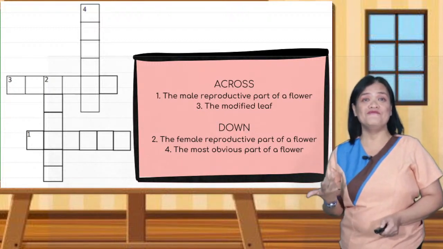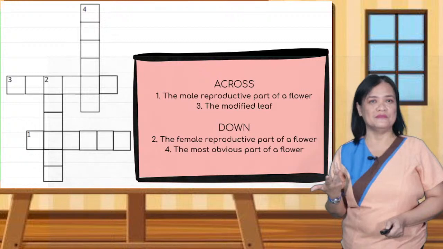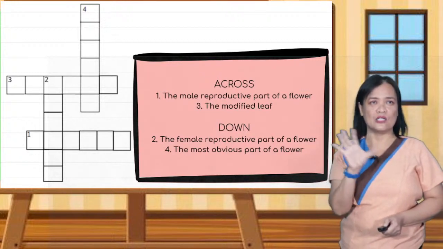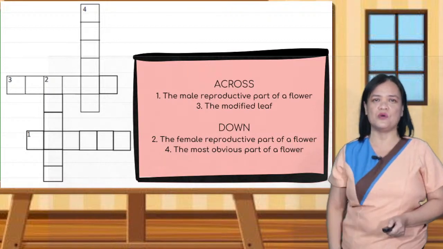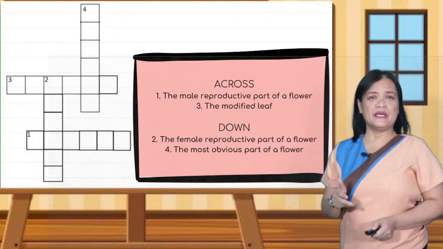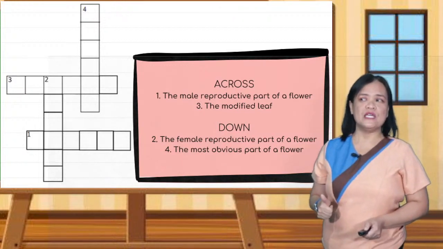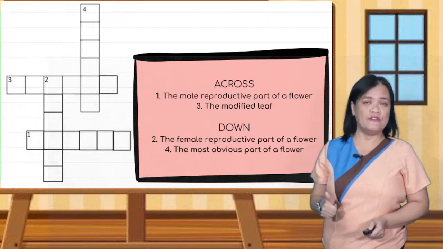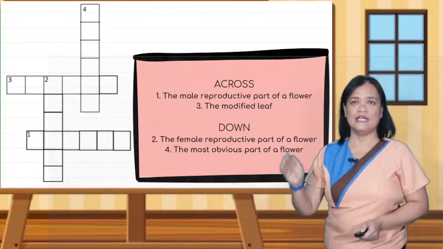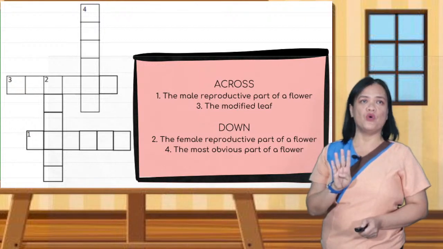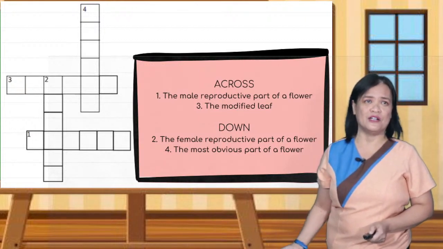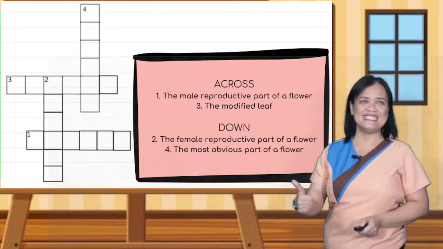The modified leaf. What do you call that? There's a box there. There's a clue kung ilang letters. It's so easy. Next, the down area. 2, the female reproductive part of a flower. Down po, down. And then number 4, the most obvious part of a flower. So do it now.